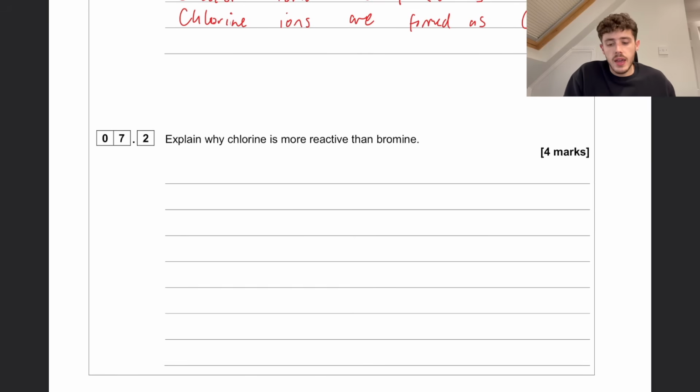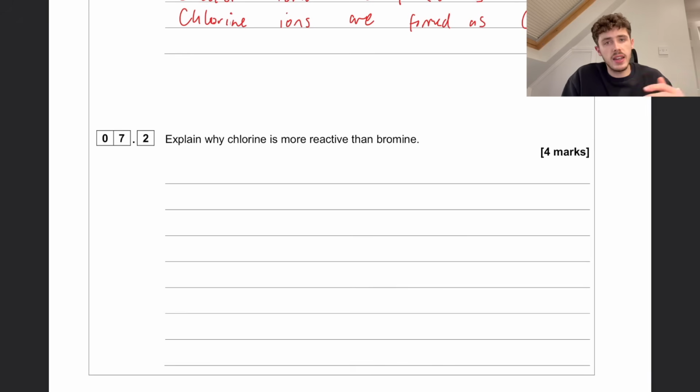What this means is because the atomic number of both of those will be different, the chlorine's atomic number, so the number of protons and therefore also electrons, will be much lower compared to the bromine. This means that chlorine has only 1 or 2 or a few outer shells or shells of electrons. The bromine might have 4 or 5. Because it's trying to gain 1 more electron on its outer shell, think of the nucleus of the atom, so the nucleus of the chlorine, is like the source of the gravity, because that is what's keeping the electrons in orbit, technically.